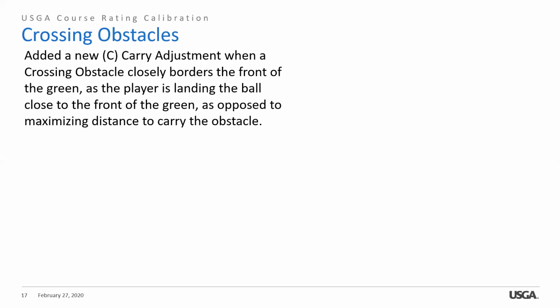But when I'm carrying something that's a greenside carry, that comes into play much more often. And the fact that I get the same value by the chart for a 200-yard one as opposed to a 150-yard shot over water didn't really make sense. So they made this adjustment here now that if you are carrying it and it's closely bordering, then you're going to add that C adjustment. So I think this is good. Makes a lot of sense.